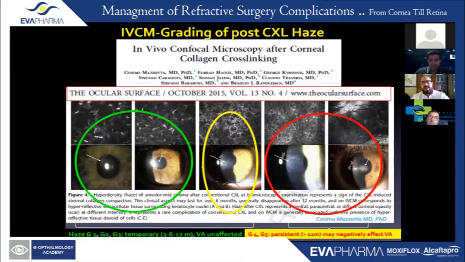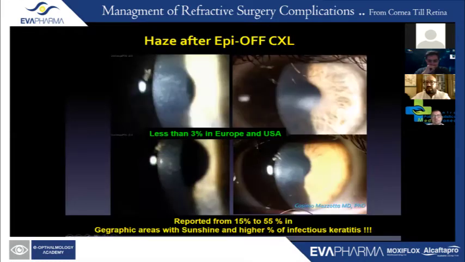While if we have a persistent corneal scarring, this could affect visual acuity negatively. So we have G4, G5, and these need to be managed. We have less than 3% in Europe and the USA, but the percentage could increase in geographic areas with sunshine and a higher percentage of infectious keratitis that can be associated.